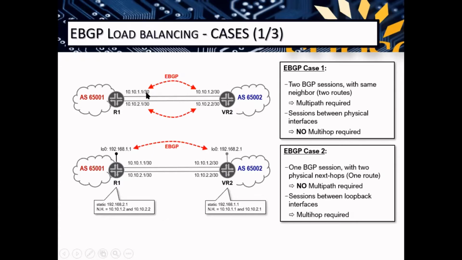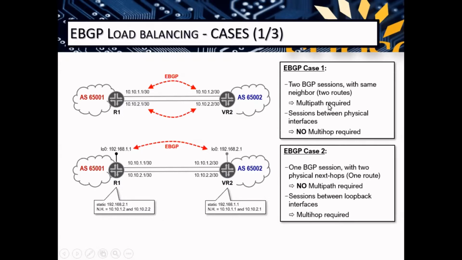In this example, we'll have a BGP session between 10.10.1.1 and 10.10.1.2, and another one between 2.1 and 2.2. That means that router 1 is going to be getting 2 routes for the same destination. And in order to make those 2 next hops available for load balancing, you're going to turn on multipath.